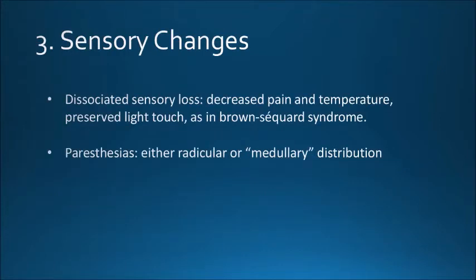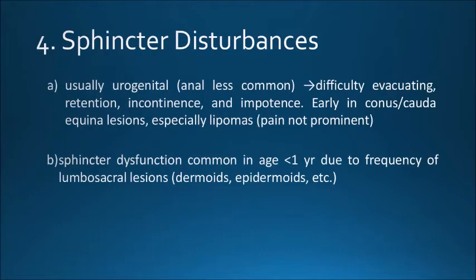Then we can also have sensory changes, and dissociated sensory loss can be there, especially in cases of intramedullary spinal cord tumors or the syrinx. There will be decreased pain and temperature on the same side, but light touch will be preserved, as in cases of Brown-Sequard syndrome. Then we can have paresthesias, with either radicular or medullary distribution. Then we can have sphincter disturbances.